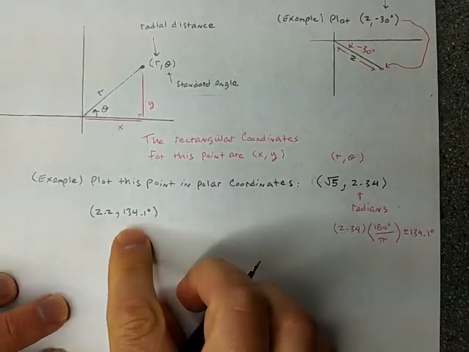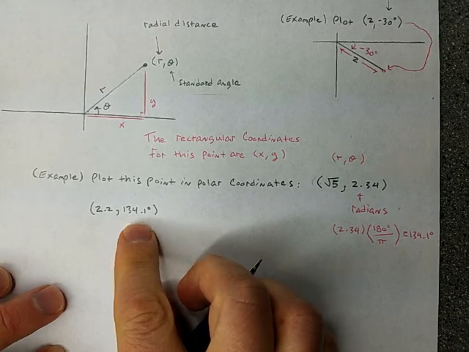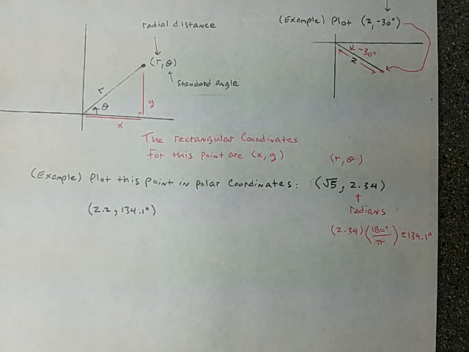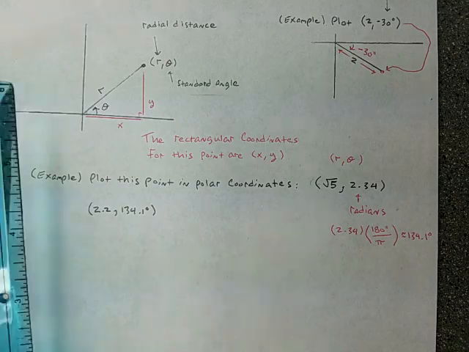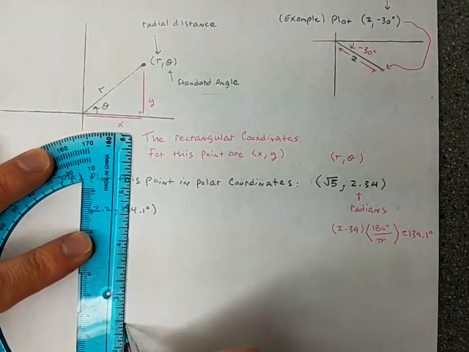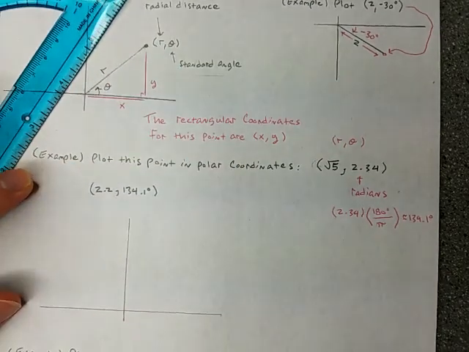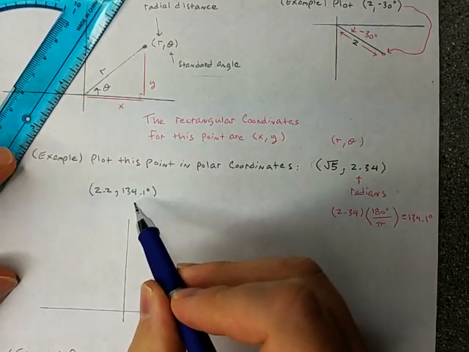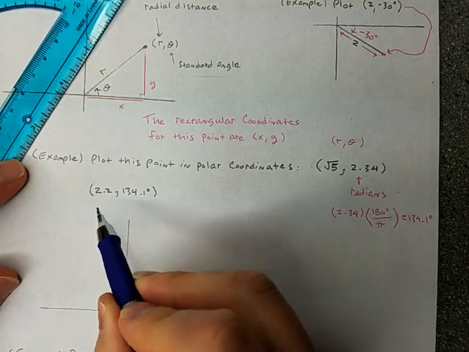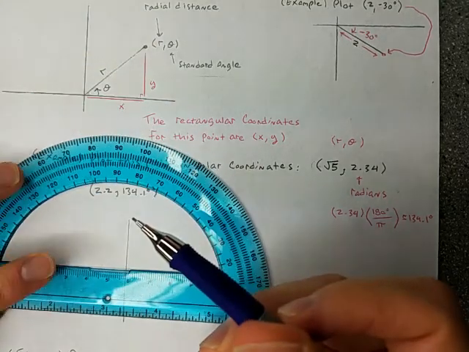That's how I'm going to think about that point. It says plot the point, so how would we do that? Well, I've explained up there what it means to plot polar coordinates. Let's start with the angle, and then in that direction established by the angle, we'll go out a distance of 2.2.